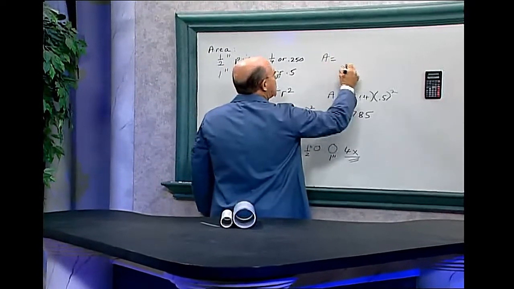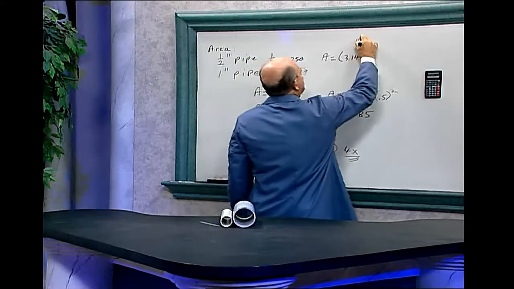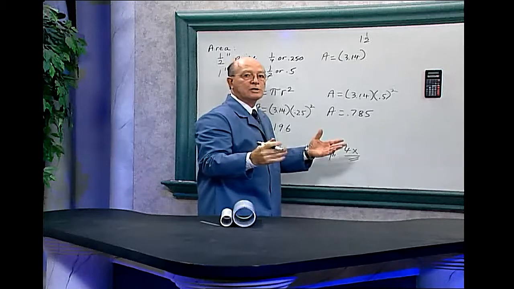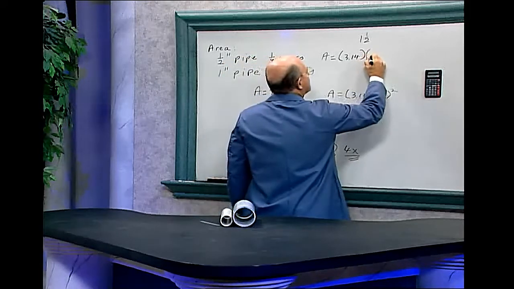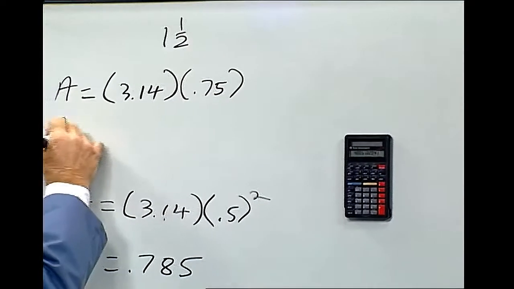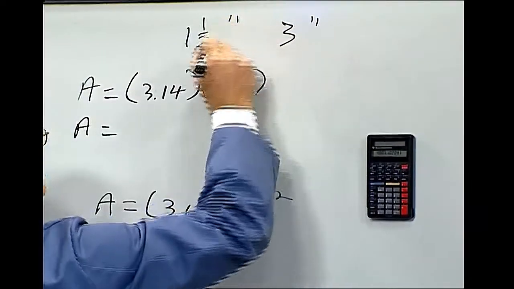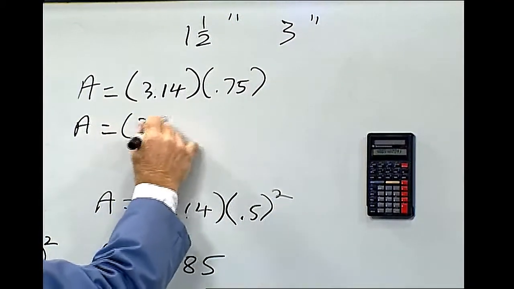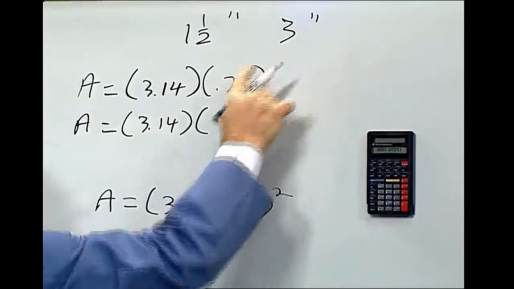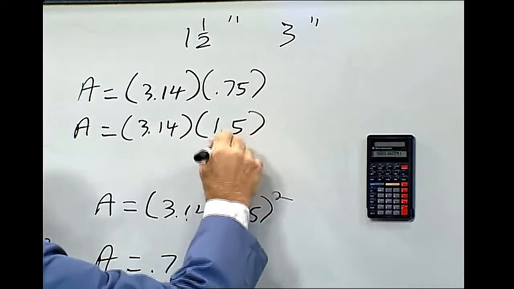Area equals 3.14, and so for the 1.5 inches, the radius will be 3/4 of an inch, or 0.75. And let's find the area of the 3-inch pipe, which is 3.14 times the radius, that diameter would be 1.5 inches, or 1.5.